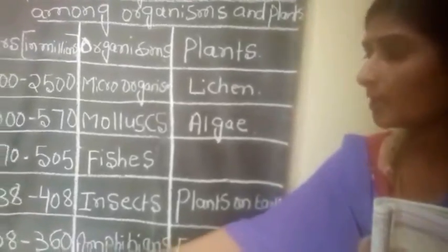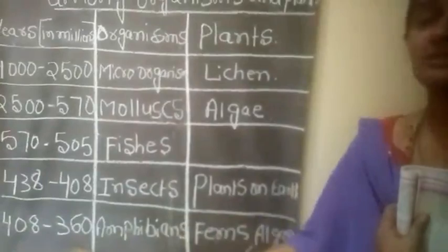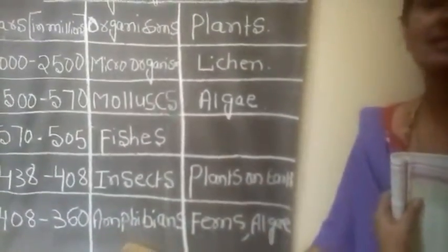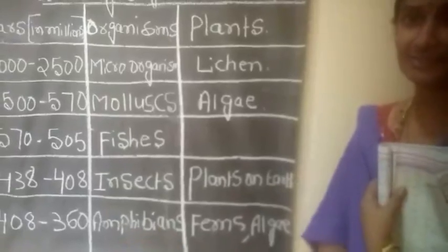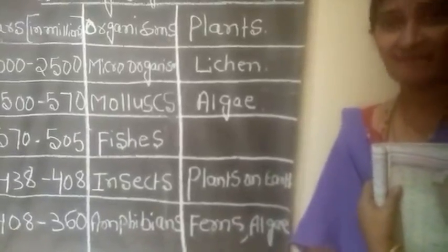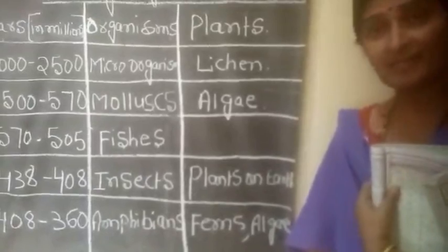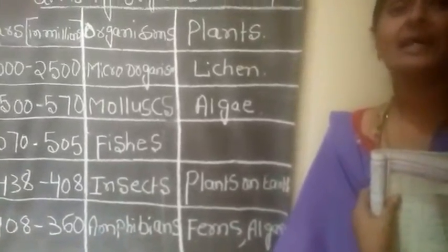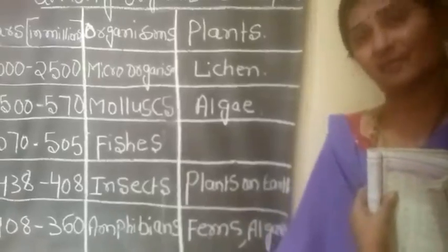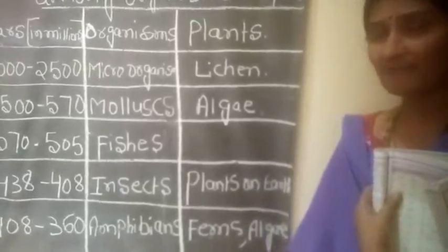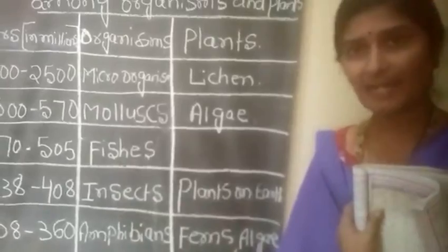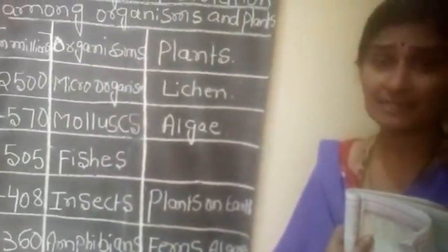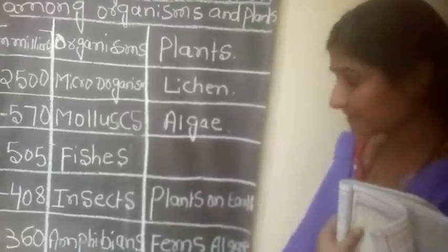And coming to 408 to 360 million years ago, amphibians came into existence. What are amphibians? Amphibians are the animals that can live both on land and in water. For example, frog. So the amphibians came into existence.